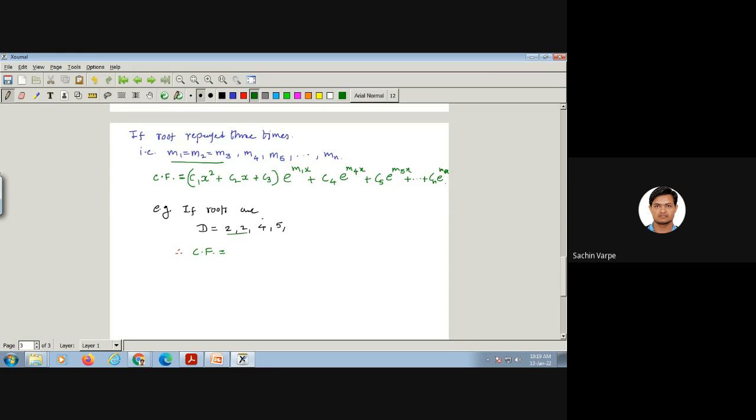It doesn't matter whether you write for the repeated or non-repeated first. You can write for 4 and 5 first and then for 2 later. So I'm writing here c1x plus c2 times e to the power 2x plus c3 e to the power 4x plus c4 e to the power 5x. We have 4 roots, so we have 4 arbitrary constants.